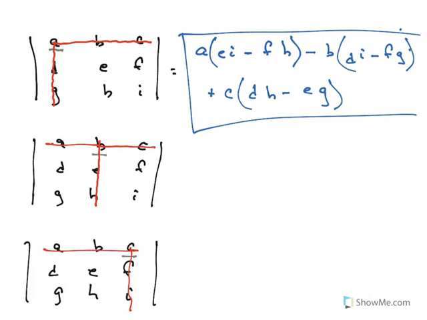Simplify it down, you'll get an answer, a number for this thing. But it's taking the 2 by 2 matrix rule and having to do it 3 times. And each time you do it, you're multiplying by one of the elements of the first row. Now, this is very important to know how to do, because we're going to see this thing crop up again in a different operation. So this is doing determinants.